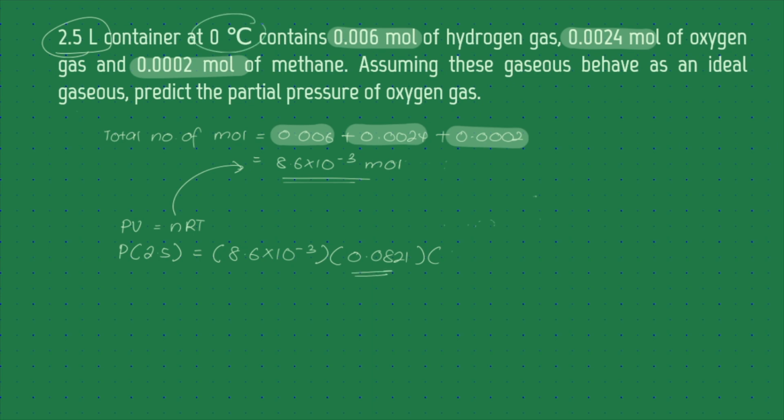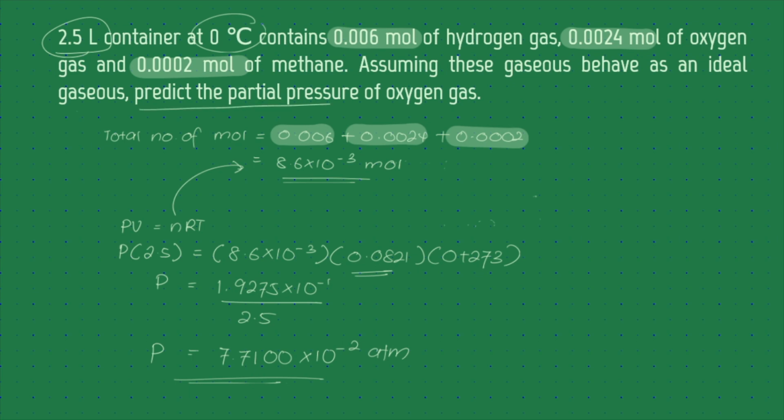Since your R is in Kelvin, so 0 plus 273. Therefore, you will get your P is equivalent to 1.9275 times 10 to the power of negative 1 divided by 2.5. Therefore, the total pressure is equivalent to 7.7100 times 10 to the power of negative 2 atm. So this is the total pressure.